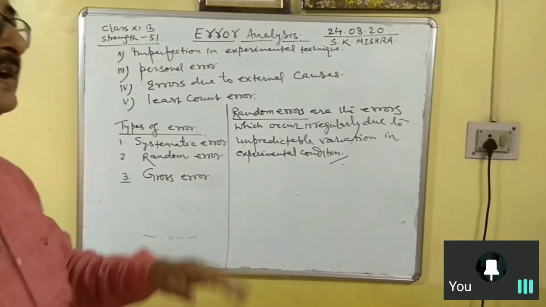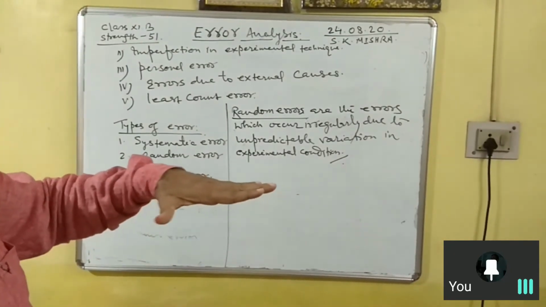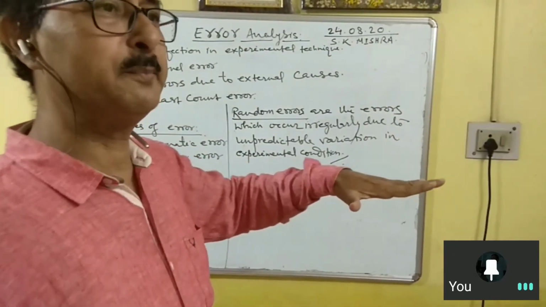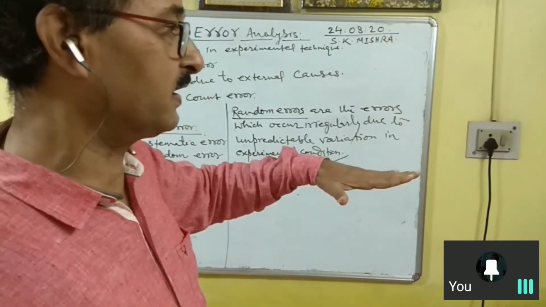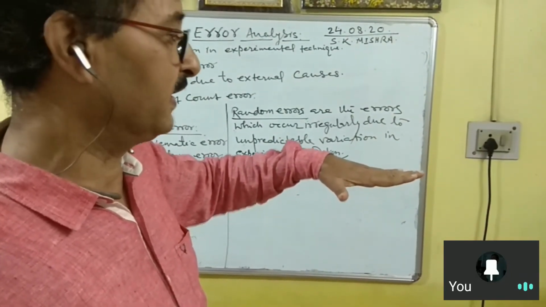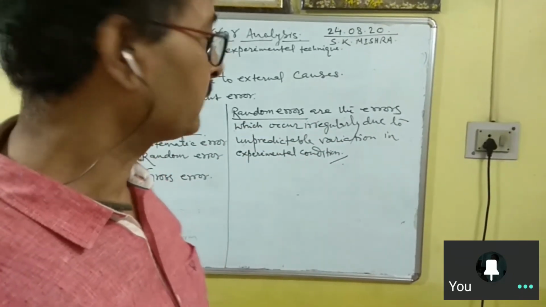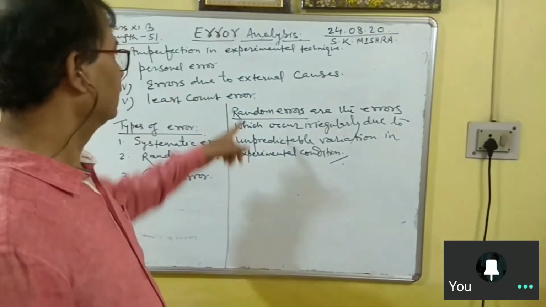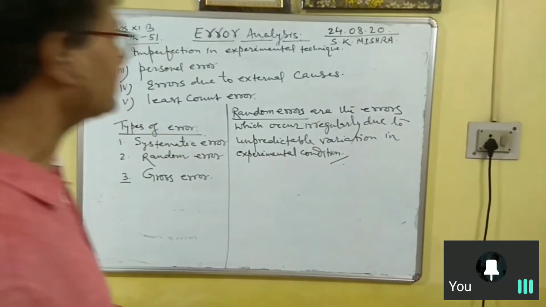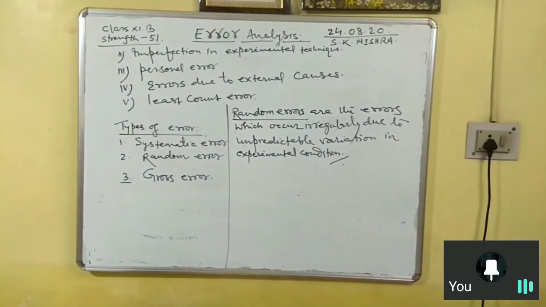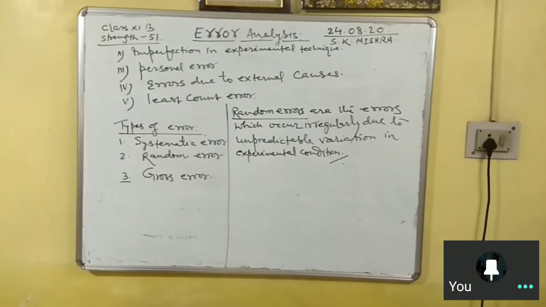Sometimes you have to place things parallel to the horizon, and because of some reason it is not placed parallel to the horizon, it is somehow tilted. Random errors are the errors which occur irregularly due to unpredictable variation in experimental conditions.